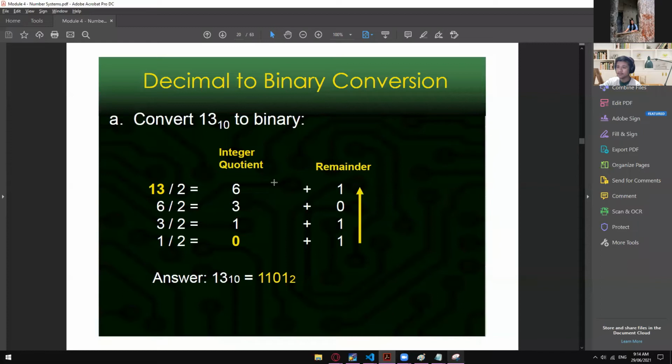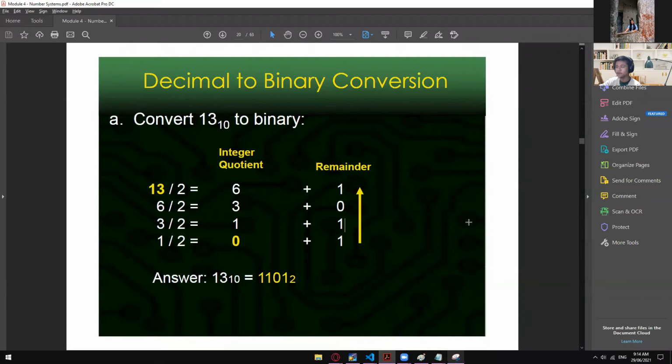After that, just get this 6, put it right here and divide it by 2 again. So 6 divided by 2 is 3, remainder 0. Then get this integer quotient again: 3 divided by 2 is 1, remainder 1.